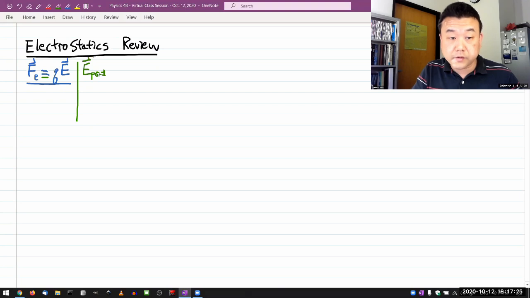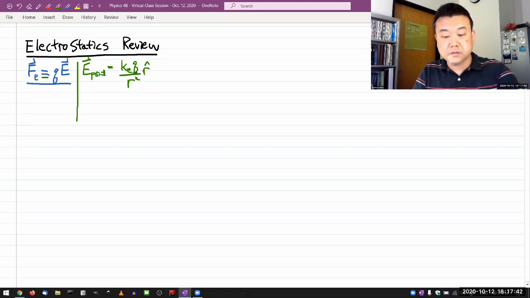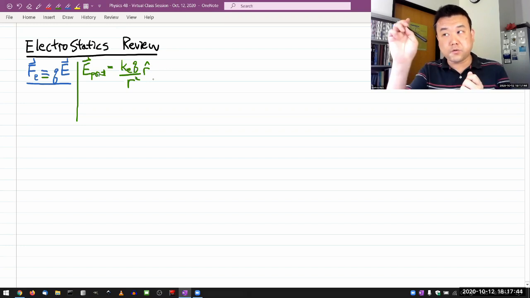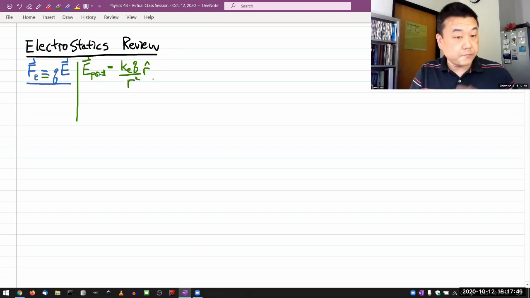The electric field due to a point charge is given by Coulomb constant times the charge that's producing the field divided by the distance squared, and the vector points outward from the charge if the charge is positive. So r hat is the radial vector that's going outward. So that's the electric field due to a point charge.